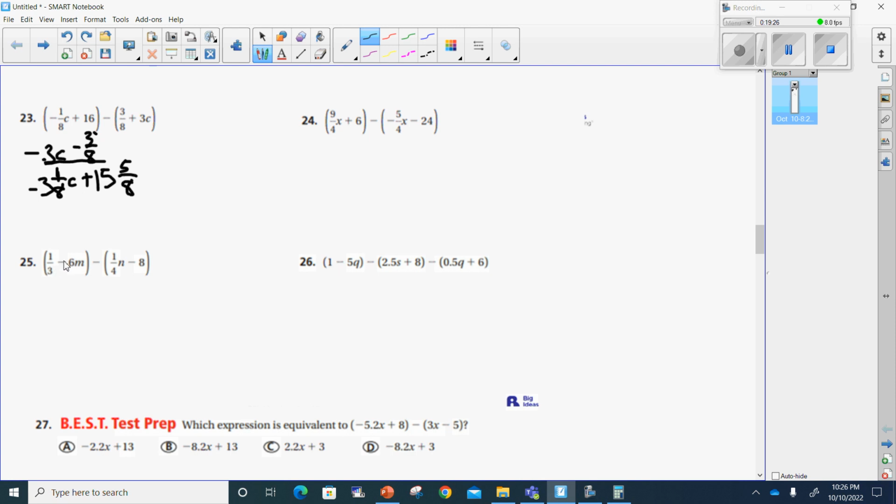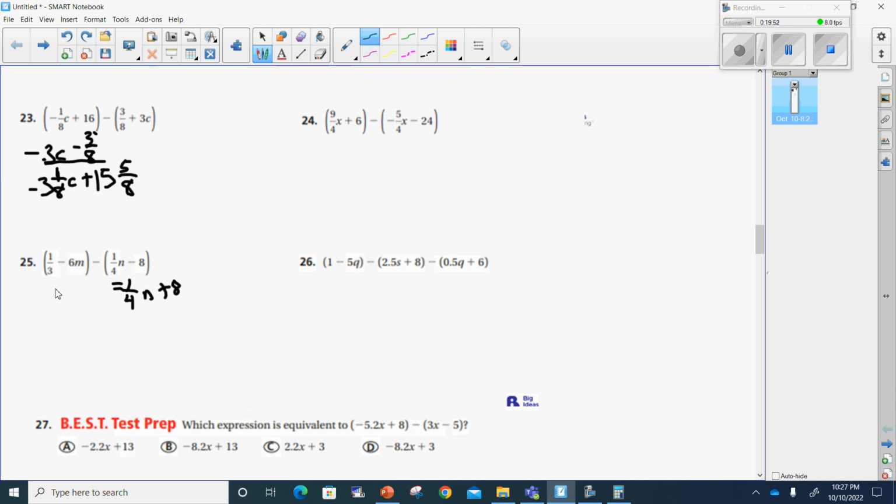Let's go to number 25. Again, this becomes a negative 1/4 n. And then a negative times a negative is a positive 8. So we're going to bring that over here. You notice, though, this is not an n. This is an m.